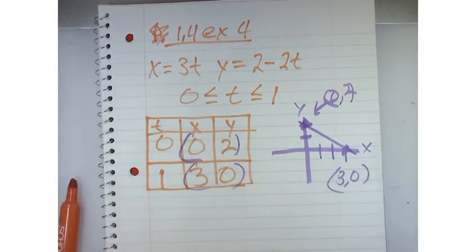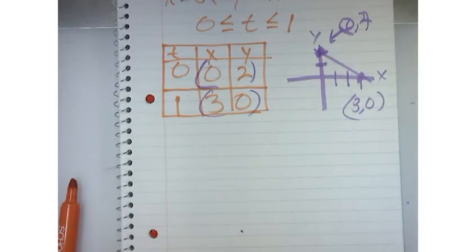So now here's the part that I think you guys are struggling with on the homework: it wants us to confirm algebraically. In part B on some of your homework problems, what they want you to do is figure out what the Cartesian equation is.